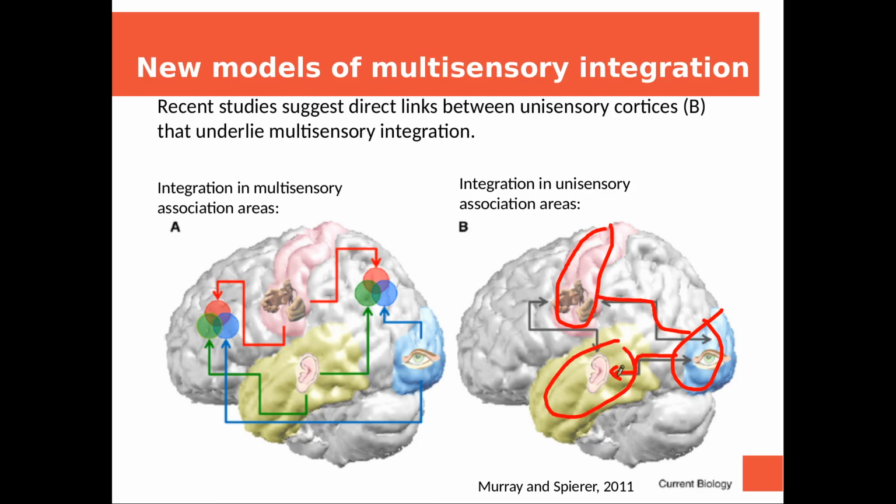In other words, when you hear a sound, your primary visual cortex, V1, which normally we think of as just getting visual input, actually does get input from auditory information and does have responses to it. So the traditional model of special integration areas might not be the only story. Part of it might be related to direct connections between what are thought of as unisensory cortices.